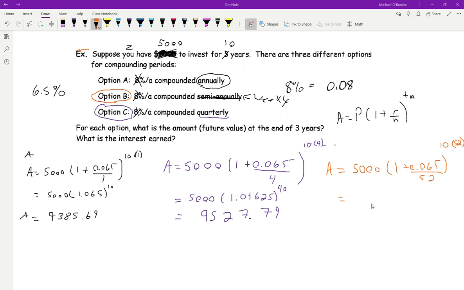Now, why isn't that working? Okay, then I take that number that I got. You guys should just be able to work continuously, right? And times this by 5,000.